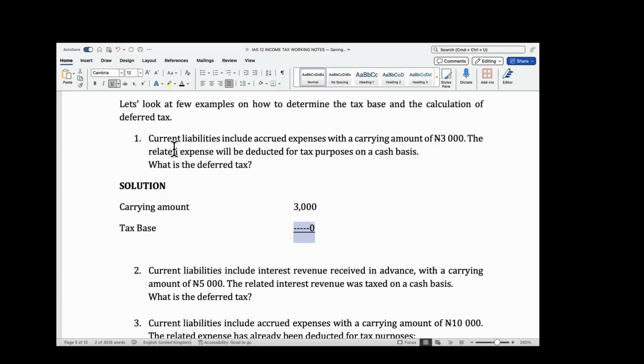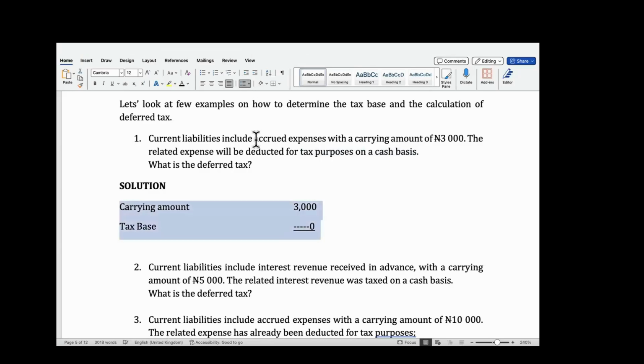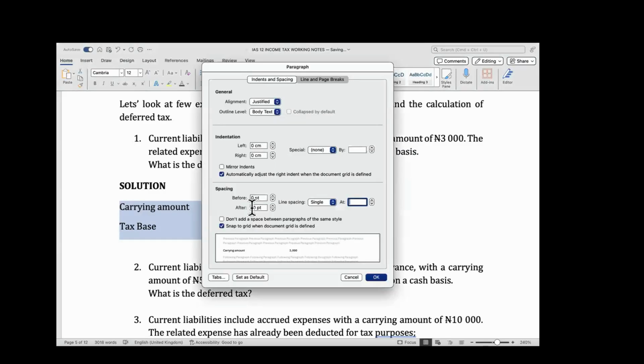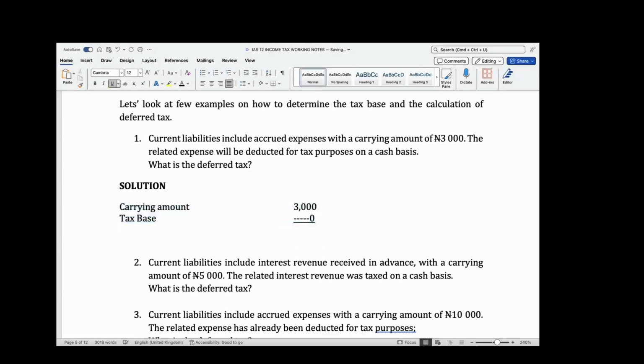Because we're told that the related expense will be deducted on a cash basis, the taxman is not going to capture it now. He will capture it in the future. So we'll have a temporary difference of how much? Of 3,000. Now, is it a taxable temporary difference or a deductible temporary difference?